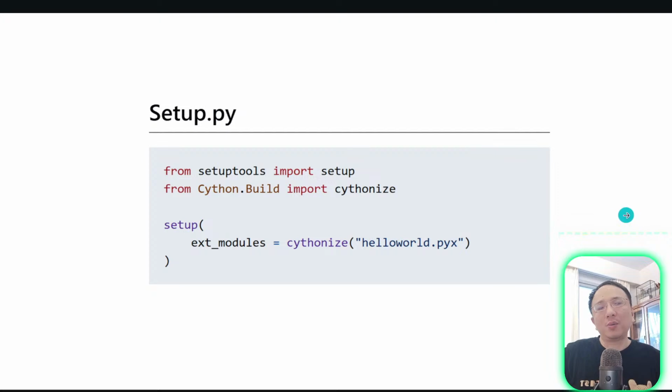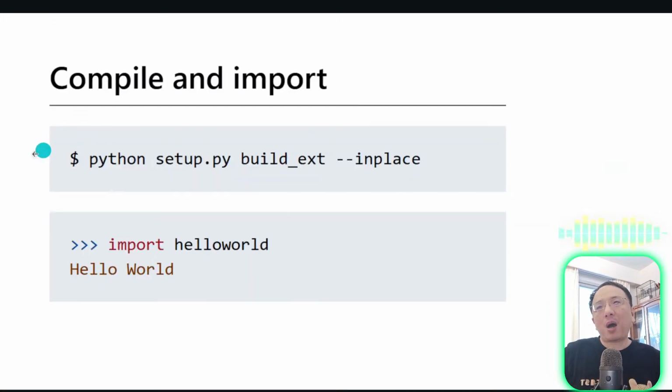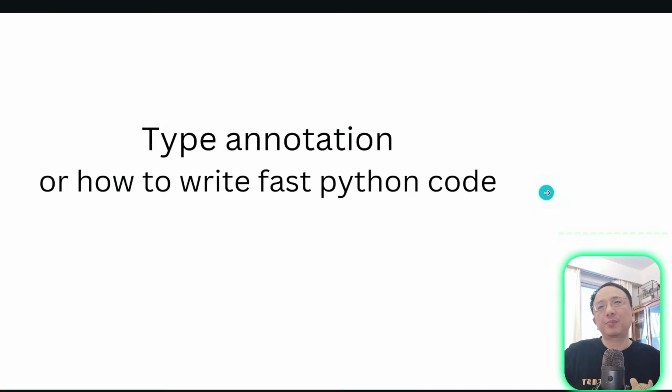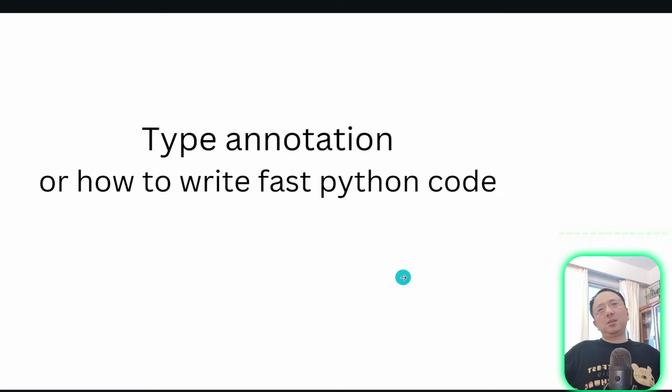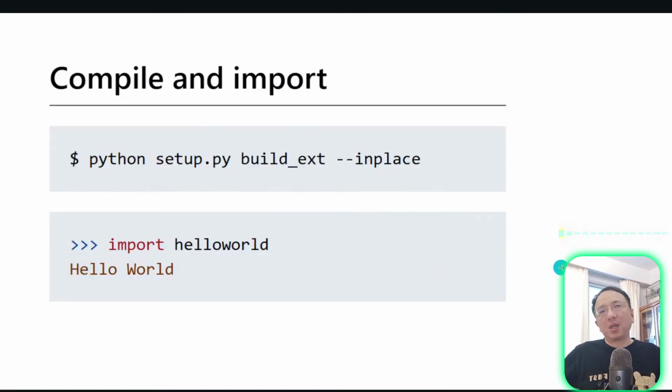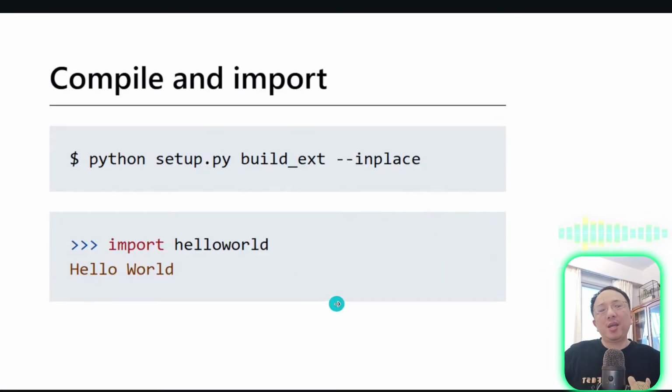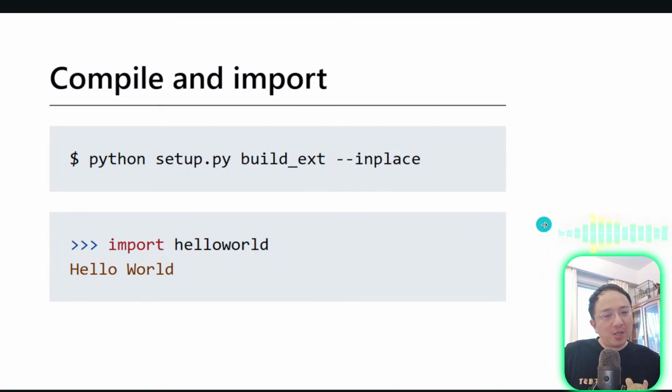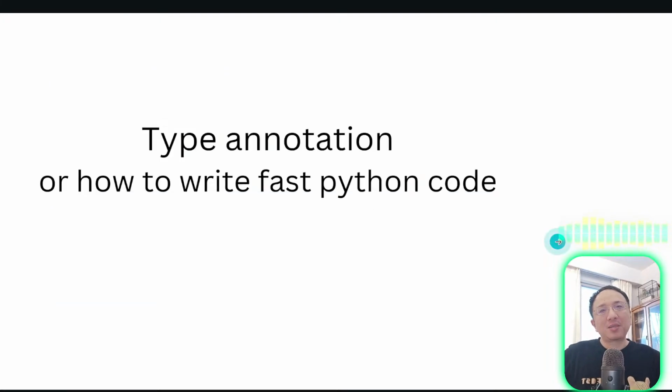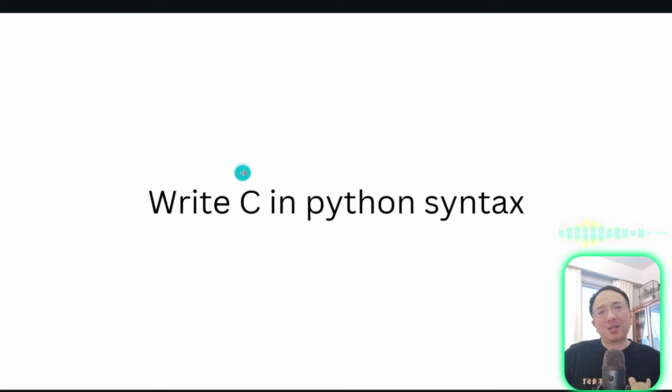You just keep this one and run this code here, and it will compile it. So when you import hello world here, it will load the hello world right here. This is how you write an extension. The only thing left is how to actually write the Cython code to make it faster.